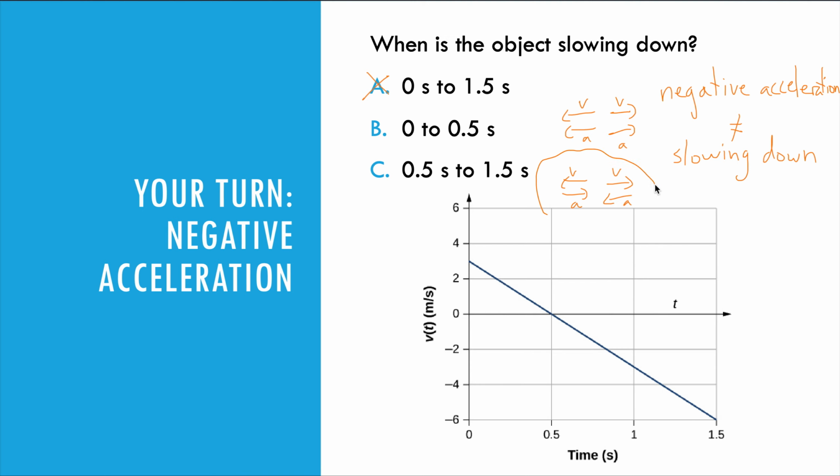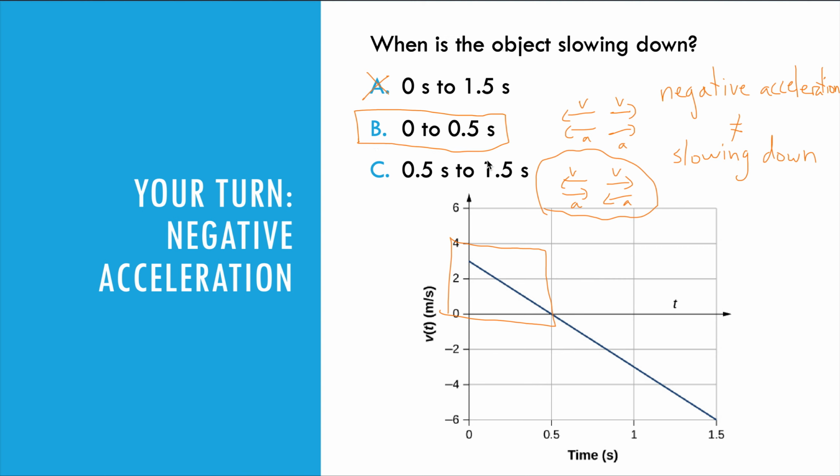So these cases here mean slowing down. We do have a negative acceleration here, but that means we need a positive velocity. So only in this time interval, from 0 to 0.5 seconds, do we have a positive velocity and a negative acceleration. So that is when we're slowing down.